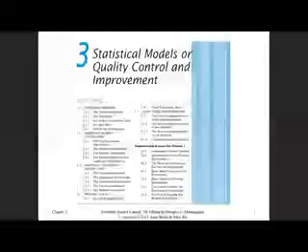And today's lecture, inshallah, we will talk about Chapter 3, Statistical Models for Quality Control and Improvement. This chapter is nothing but a quick revision of what you covered in the Probability and Statistics course about the general distributions, that type of probability distributions, about statistics, characteristics, and parameters.